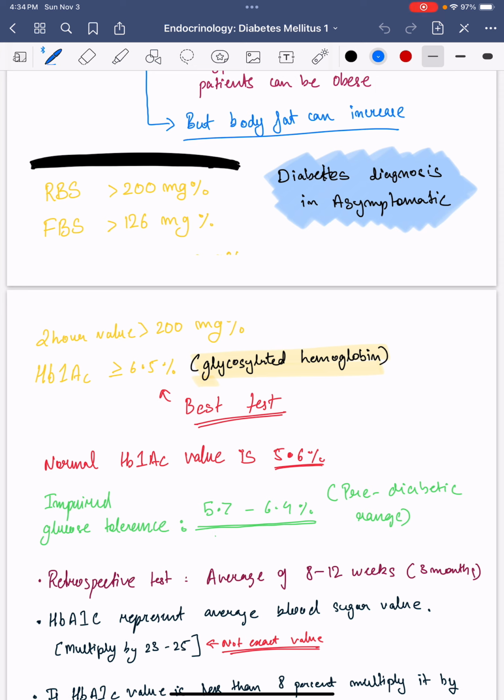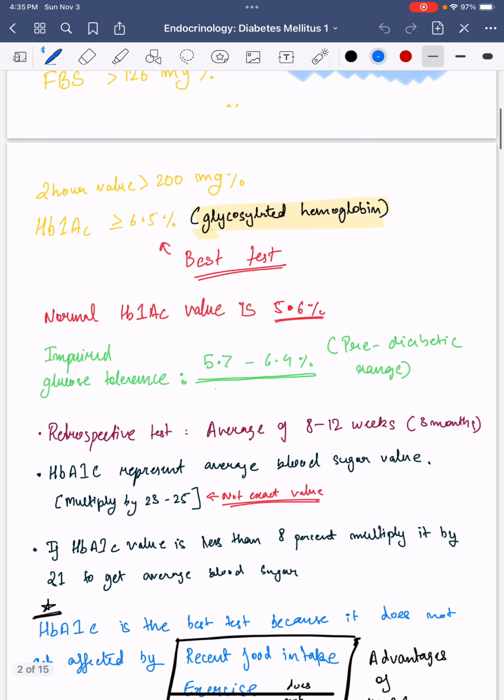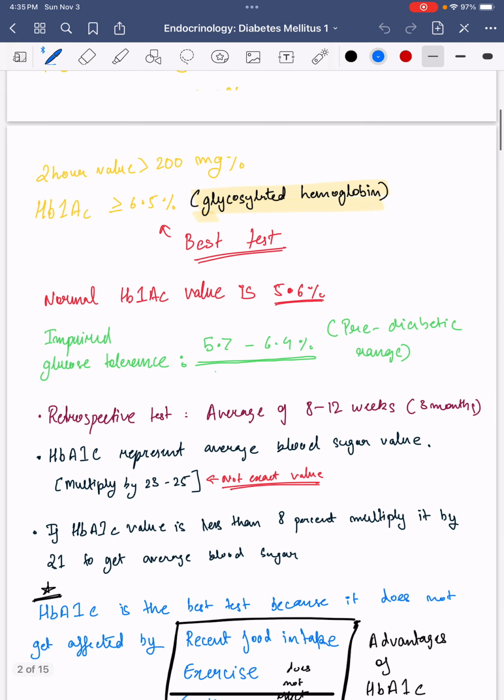The best test is the HbA1c, and its value should be more than or equal to 6.5%. HbA1c is also known as glycosylated hemoglobin. Normally the HbA1c value is below 5.6%, and the pre-diabetic range or impaired glucose tolerance is between 5.7% to 6.4%.